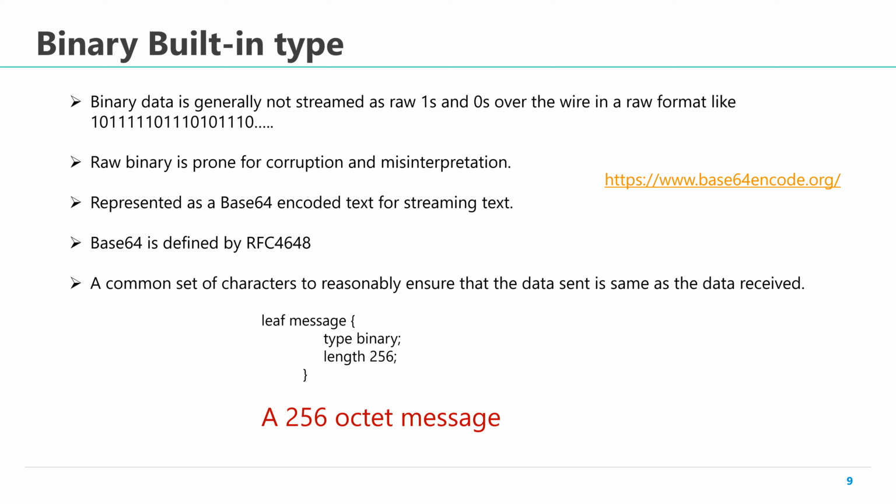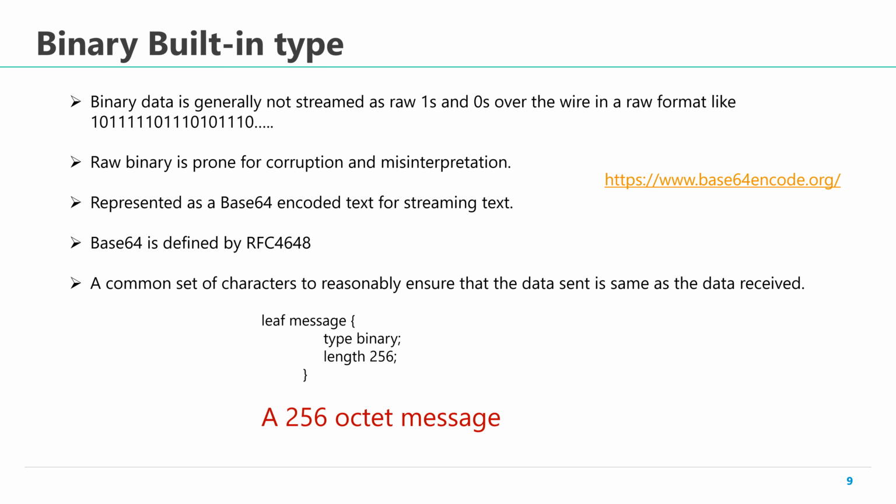This is because if such big streams of ones and zeros are put on the wire in the raw format, this is very much prone to error, corruption, and misinterpretation. A lot of protocols have a sequence of ones and zeros as an introductory sequence, and these series of ones and zeros have specific meanings for different protocols.